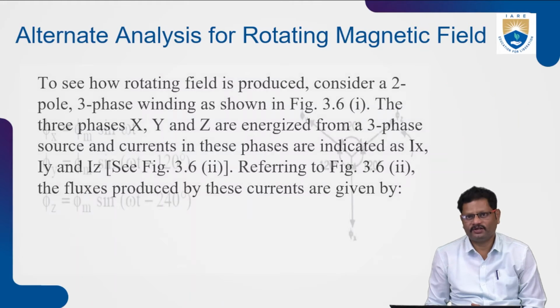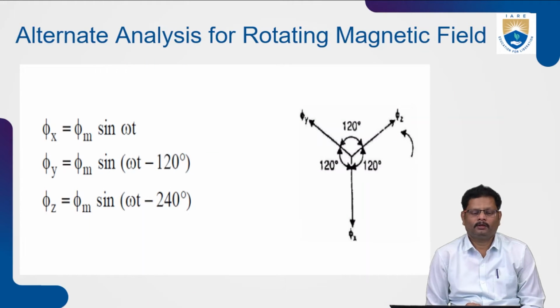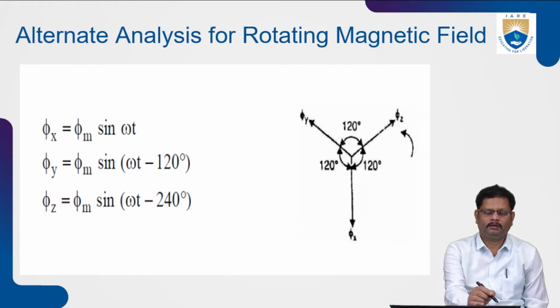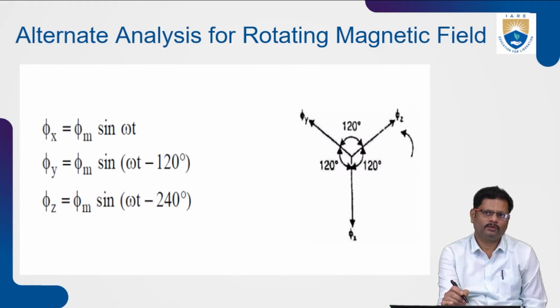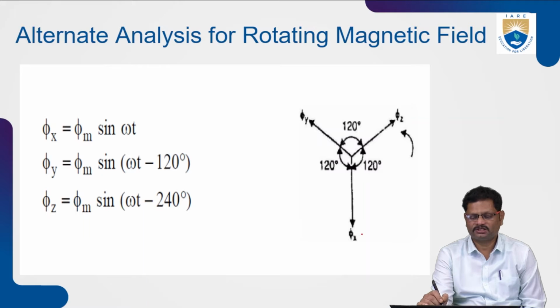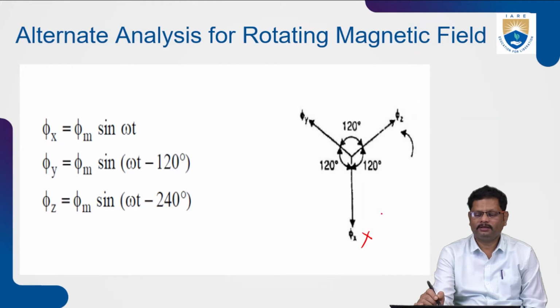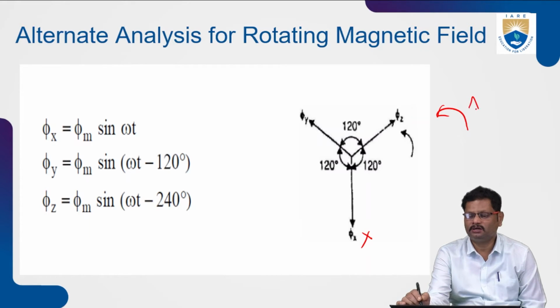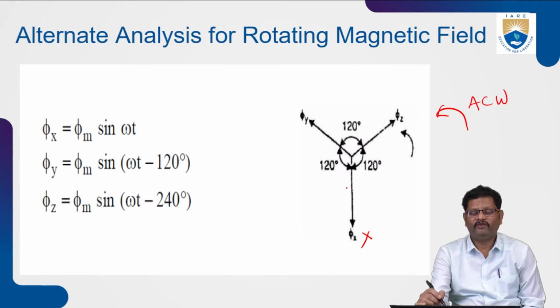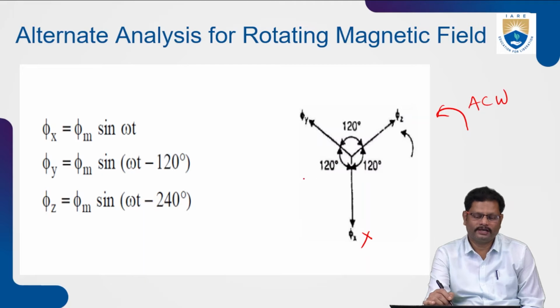The fluxes are produced in the three phases. Let us say the flux produced in X phase or R phase is phi m sin omega t. If we take X phase as reference and assume the field is rotating in anti-clockwise direction, then Y phase is displaced by 120 degrees.